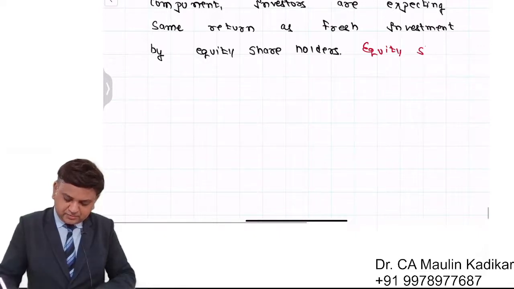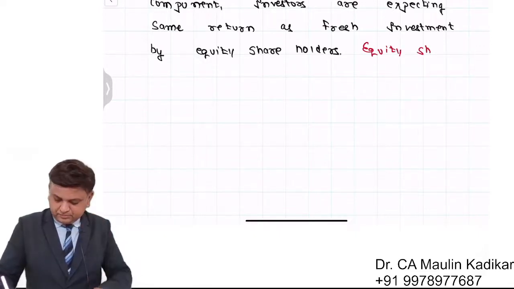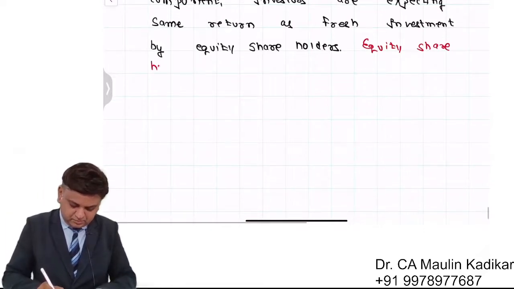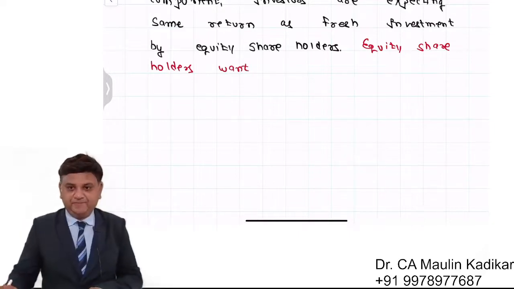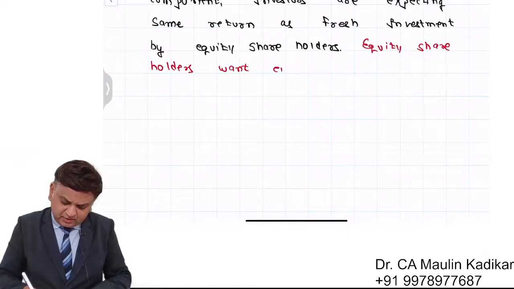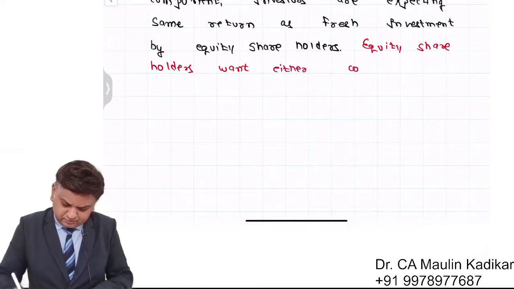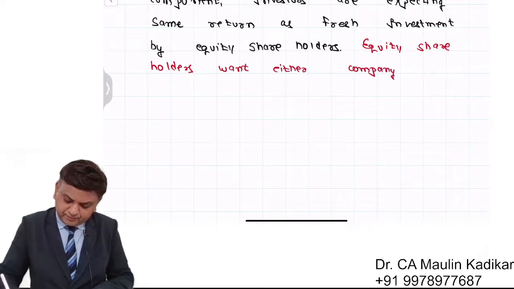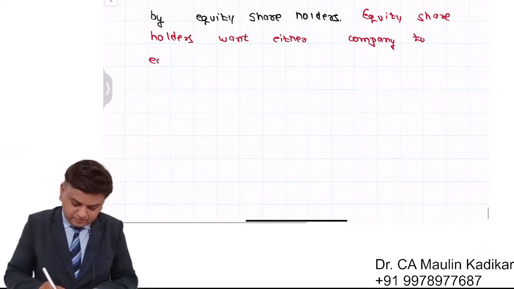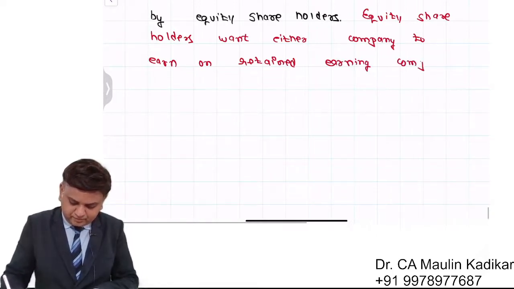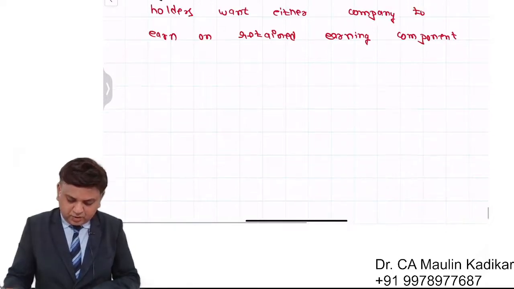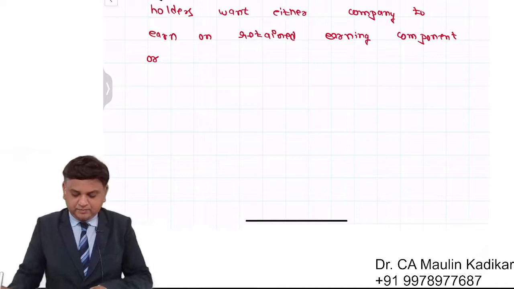Equity shareholders want either the company to earn on retained earning component or distribute the same.